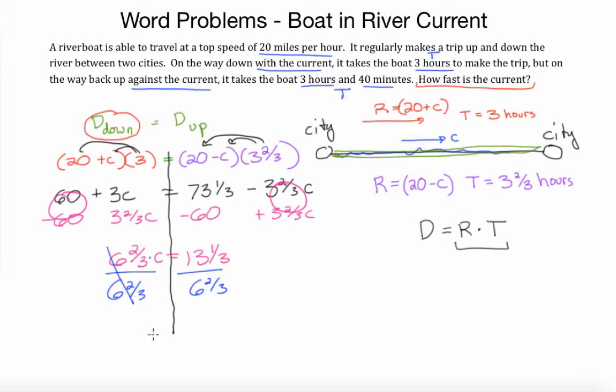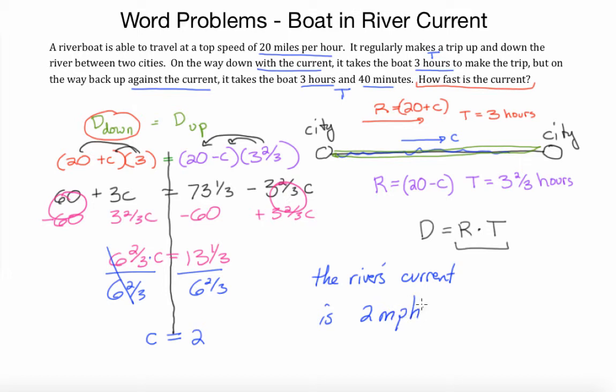Those divide out to 1, and we see that C ends up equaling 2. Well, there we go. We just found out that the river's current is 2 miles per hour.